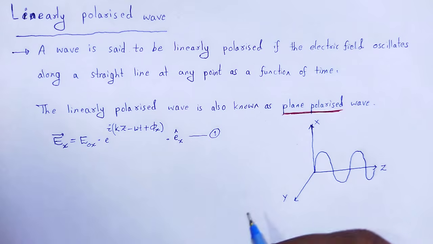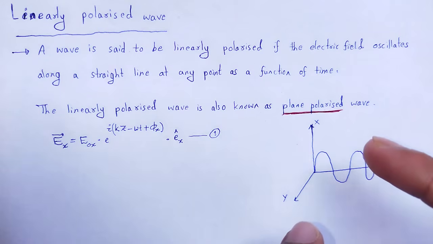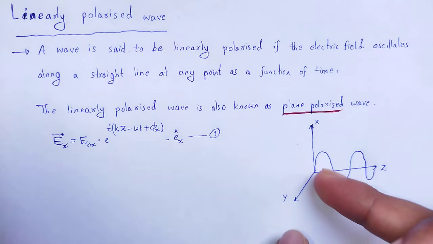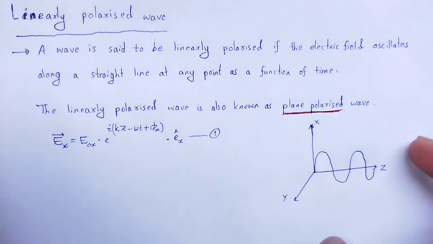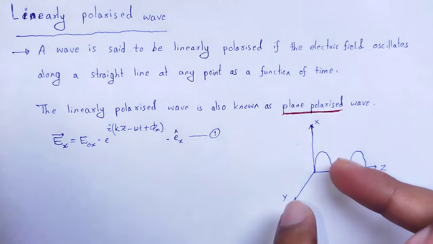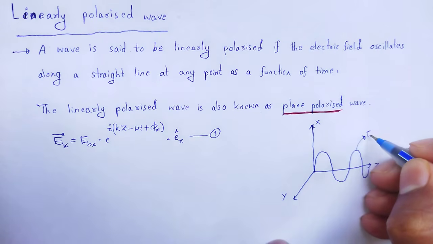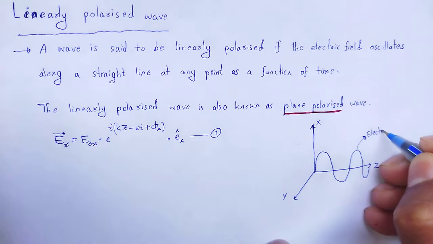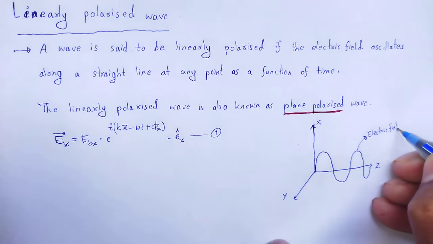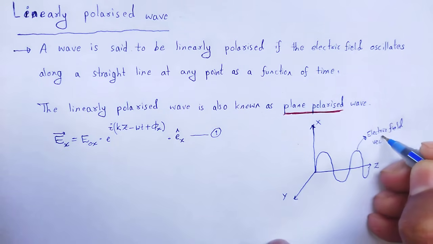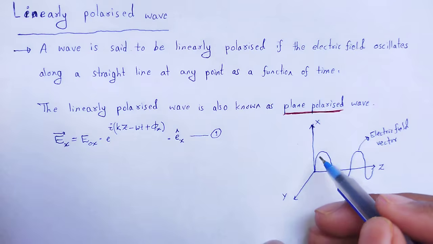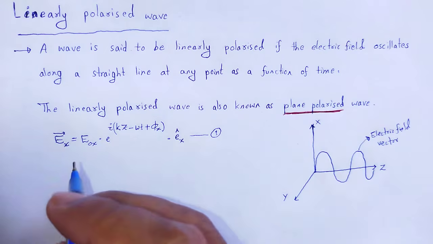Again, with respect to the y axis, what will be the orientation of the electric field? This is the electric field vector that is oriented with respect to the x axis.